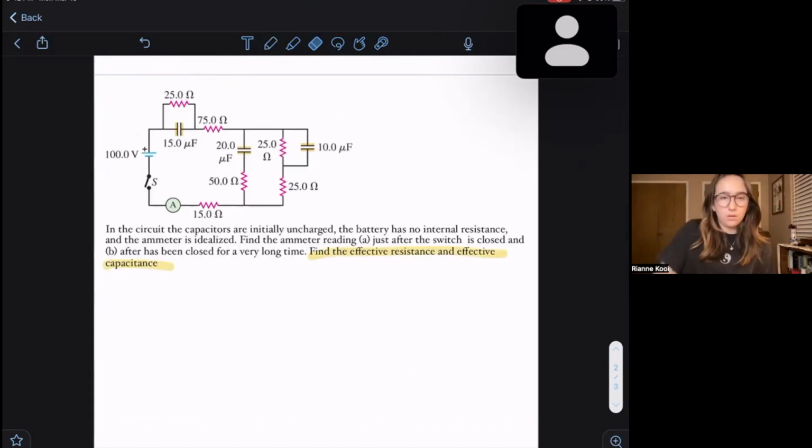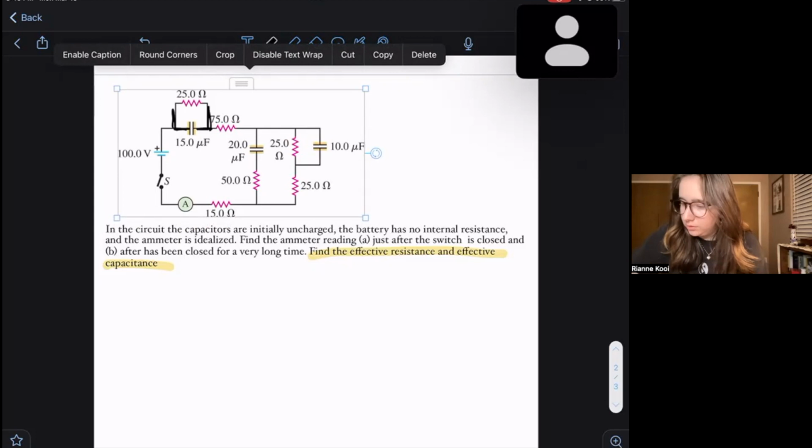What about after it's been closed a very long time? After the switch has been closed a very long time, what effectively happens is we have an open circuit. So we have a kind of broken circuit, as they call it. So there is no more, this just kind of becomes an open hole.